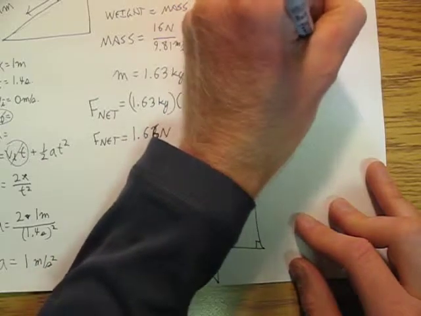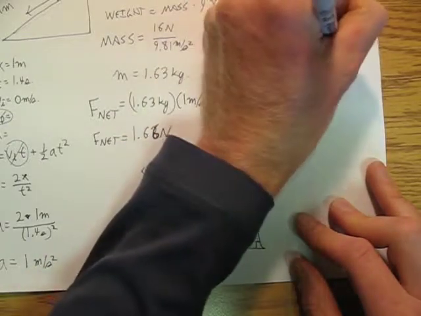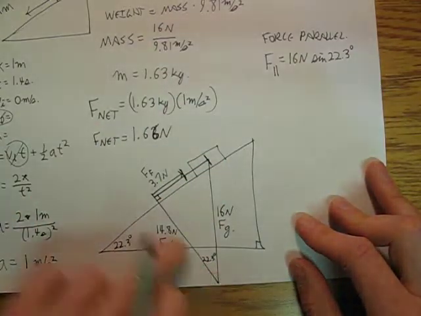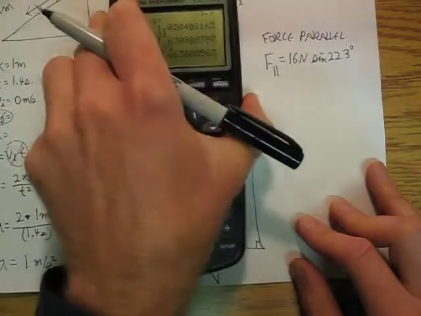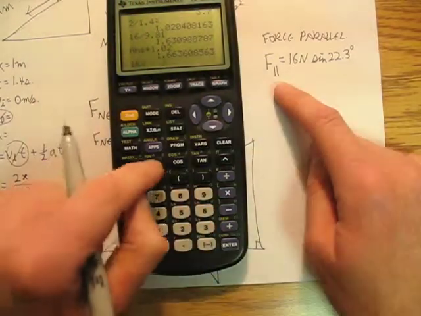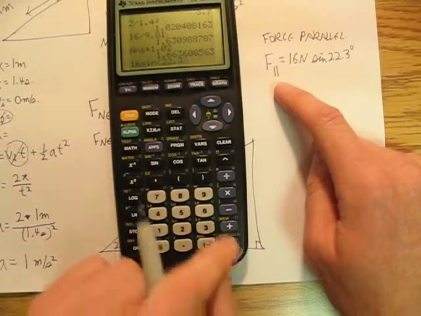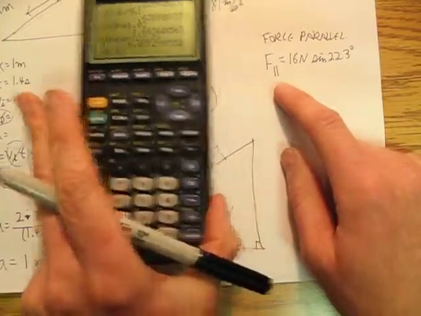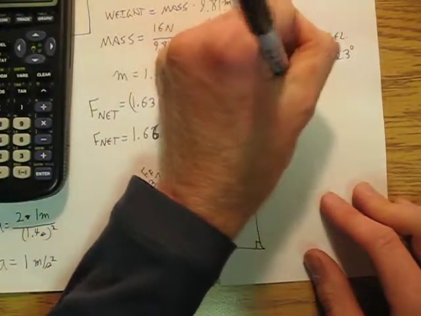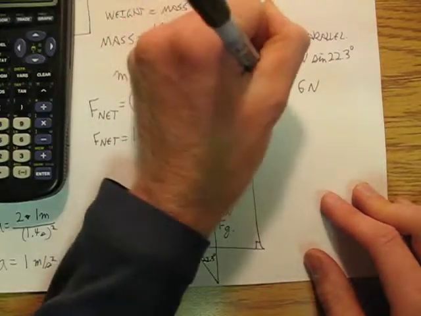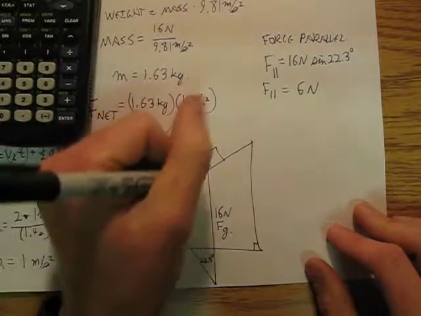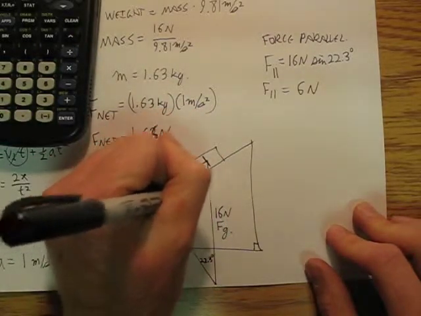It's basically what's left over when you add force gravity and force normal. They don't quite add up to zero, and this is that part that doesn't add up to zero. I'm going to find that it is 6.07, or 6 newtons. So force parallel is 6 newtons.